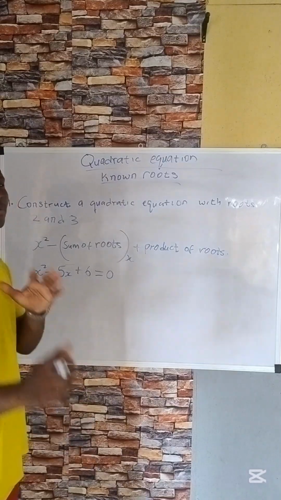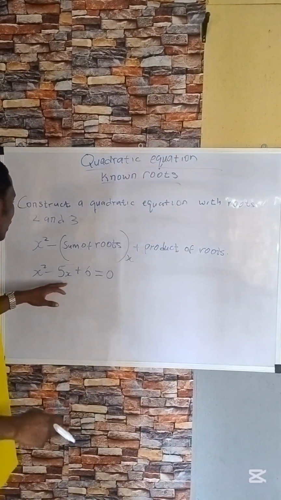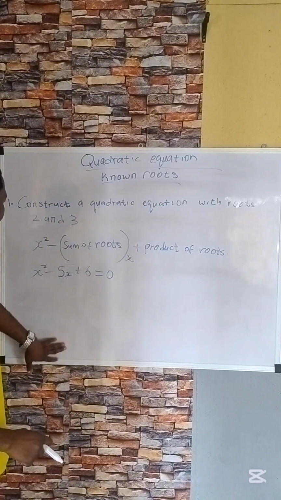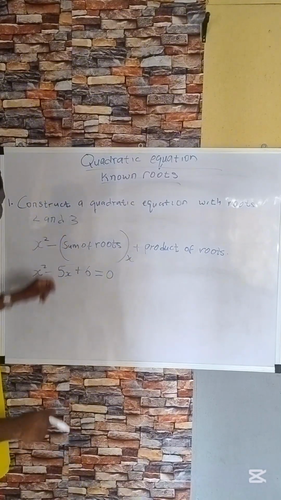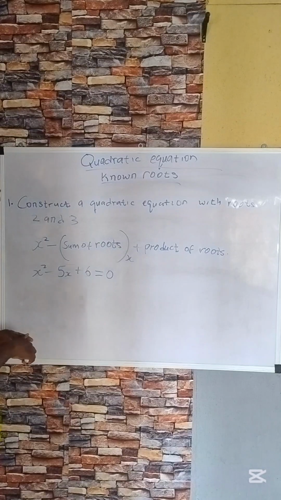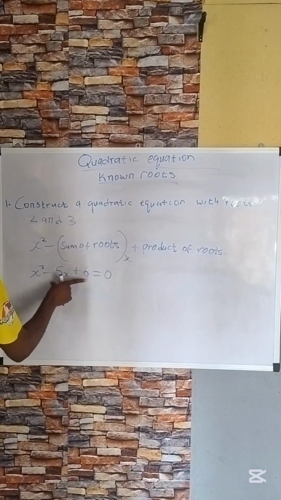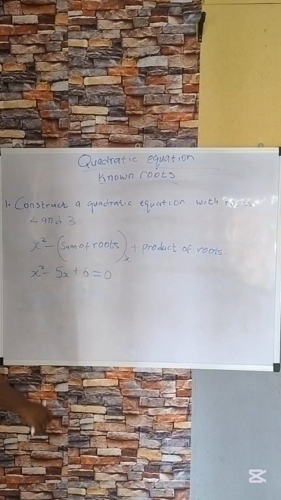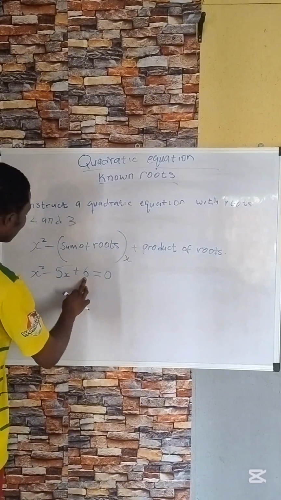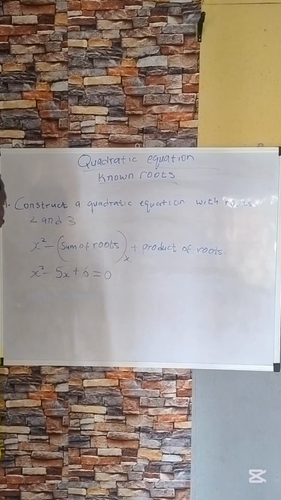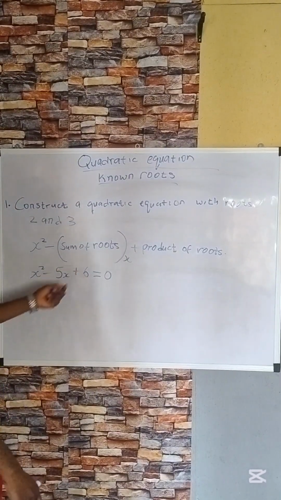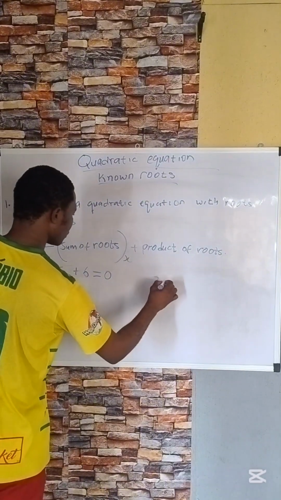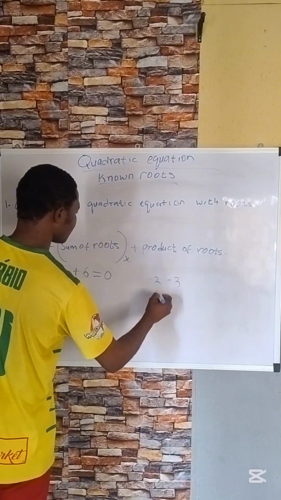Just for clarification, I would like to factorize this one here and see whether we still get these roots, just for confirmation. To factorize, what are the two factors of plus 6 that multiply to give plus 6 and add together to give minus 5? I'll go with minus 2 and minus 3.